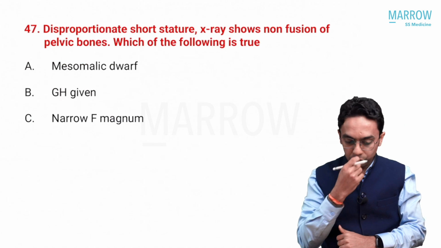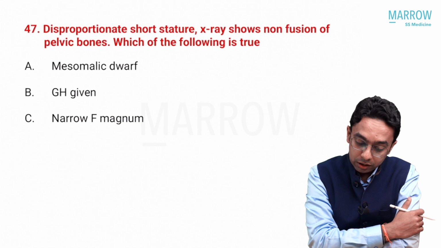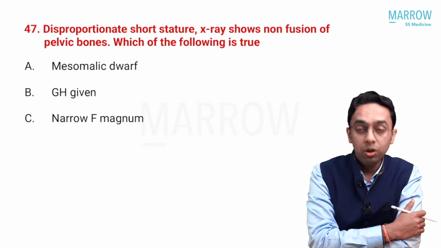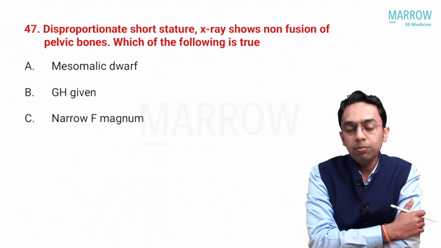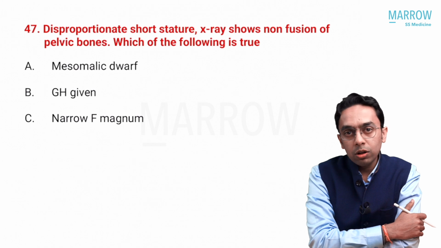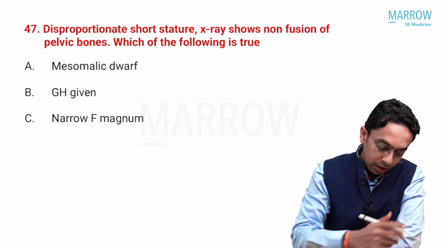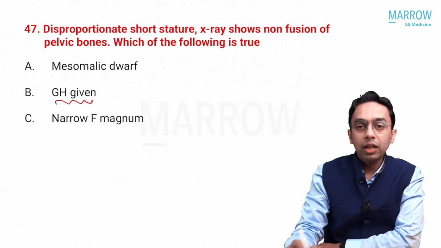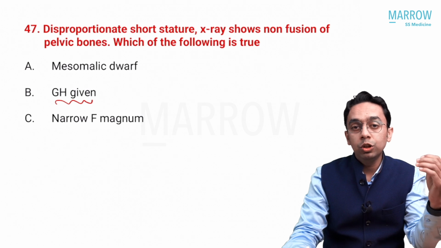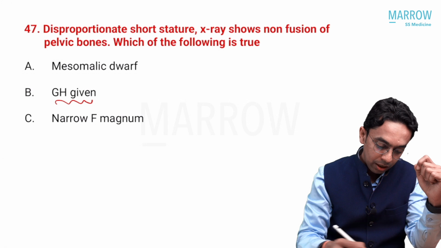Okay, coming to question number 47. Disproportionate short stature. X-ray shows non-fusion of pelvic bone. Which of the following is not true? Exact question we don't have. Probably they are talking about achondroplasia. Please read all the genes, because this is a very big topic. Here GH can be given, but usually it is not given and it's not an approved indication.